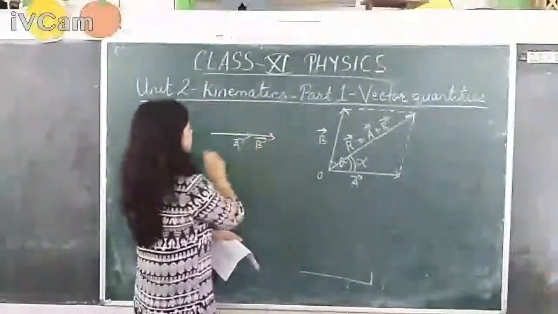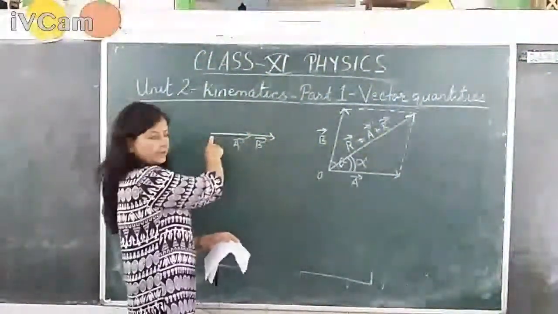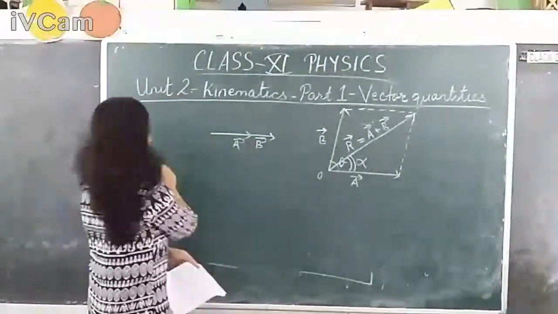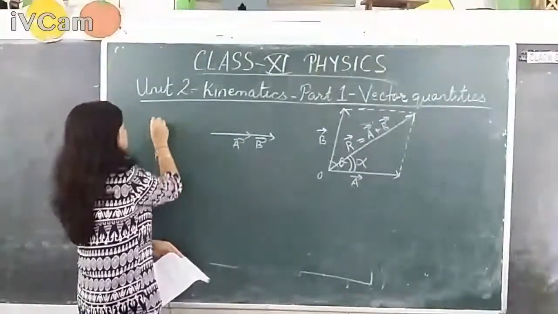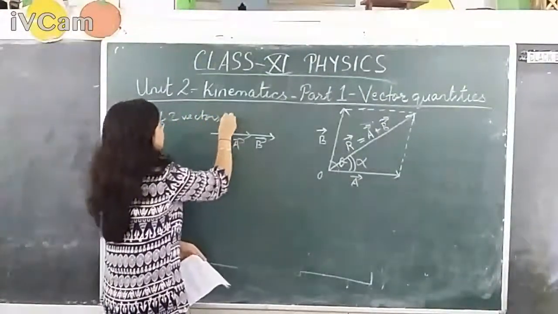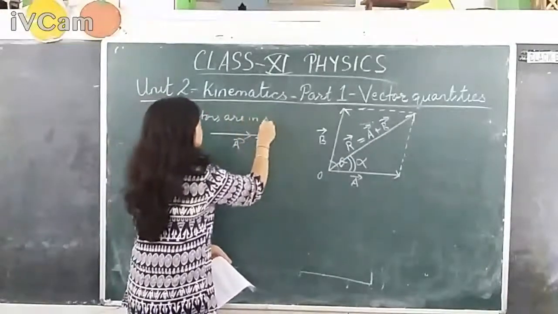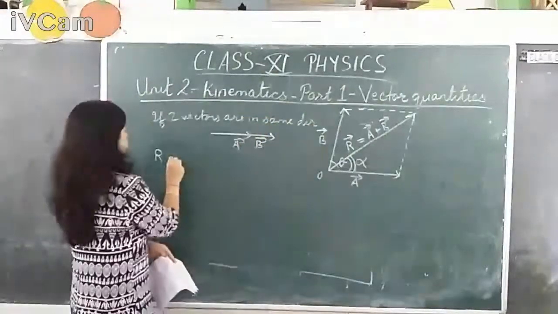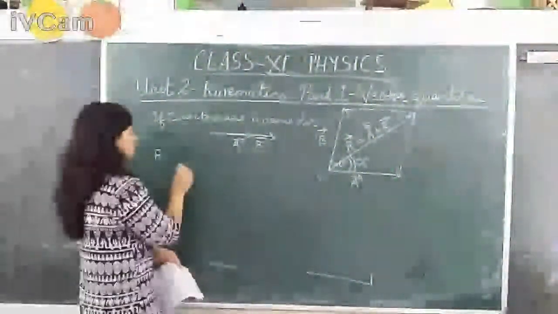Now these are two vectors starting from the same point. Okay, what will be the resultant's magnitude? If two vectors are in the same direction, it is just a special case of this parallelogram law.